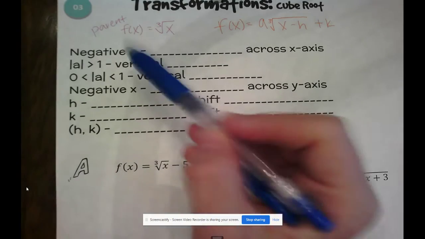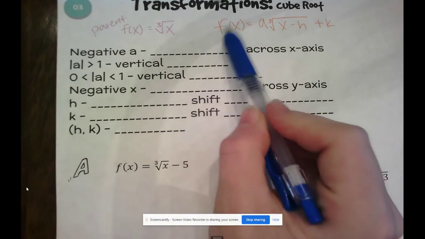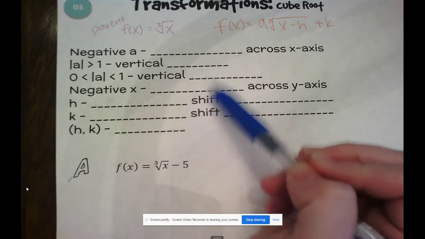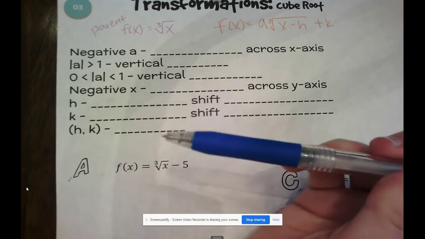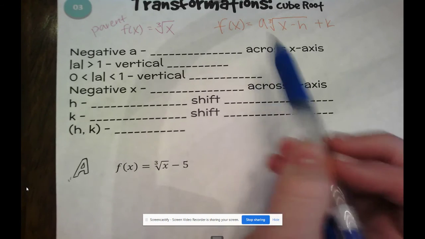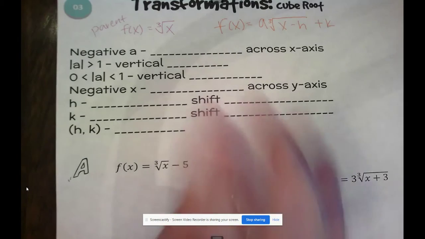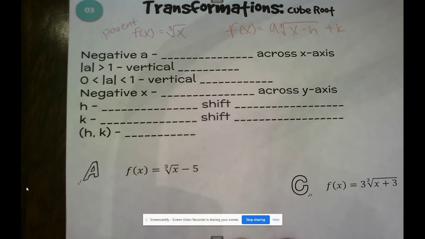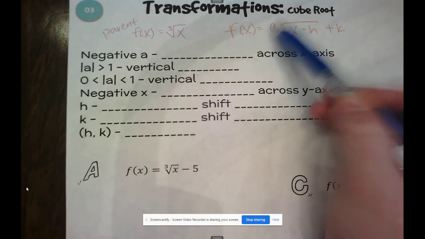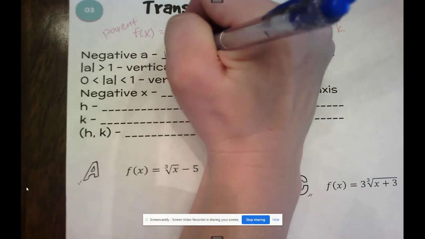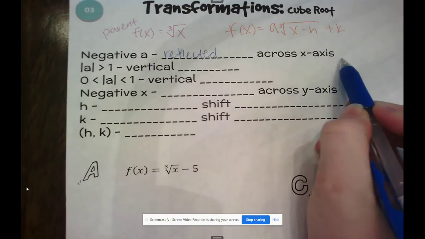We're going to go through what each of the different attributes mean, what it does to the parent function, how it moves it, stretches it, reflects it on the graph, step by step, and basically they're all the same that we already talked about. So if there is a negative outside of our a, that means that it's going to be reflected over our x-axis.